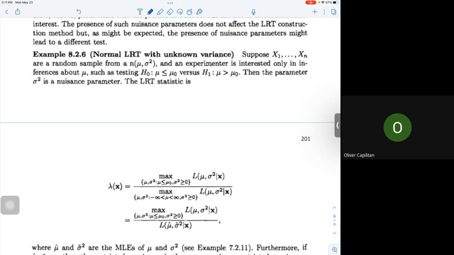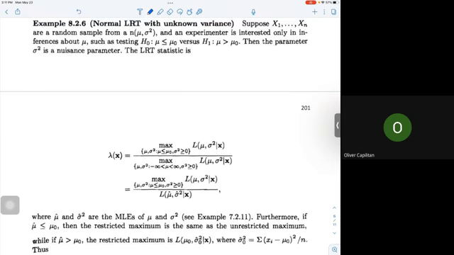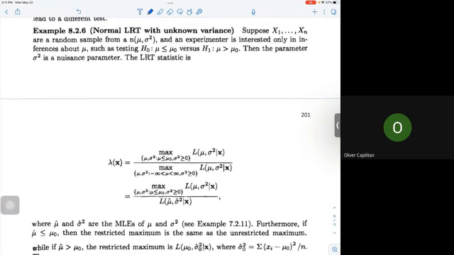So the likelihood ratio test statistic in this case is we have lambda of x is equal to this. Okay? We have the maximum of the likelihood function of our parameters mu and sigma square given our sample. By the way, ano kaya yung reason bakit hindi ginamit yung supremum, kundi yung maximum yung ginamit?